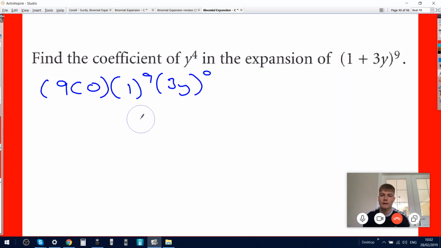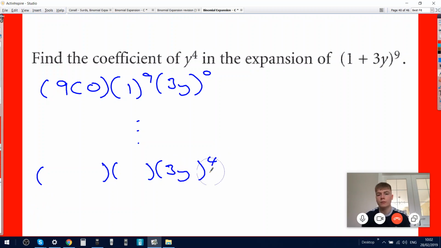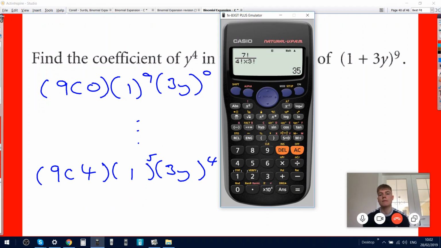Is that the long way? And would you be able to skip down to the one that we need? So the 3y would be to the power 4, and the 1 would be to the power 5, and it would be 9C4. That's 0 and that's 0, they both start from 0.